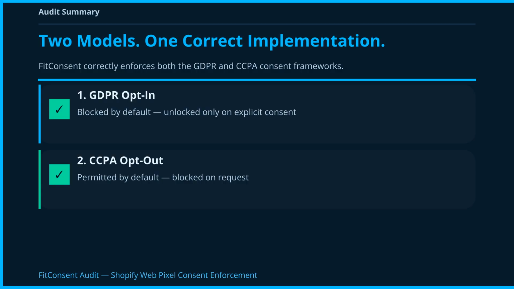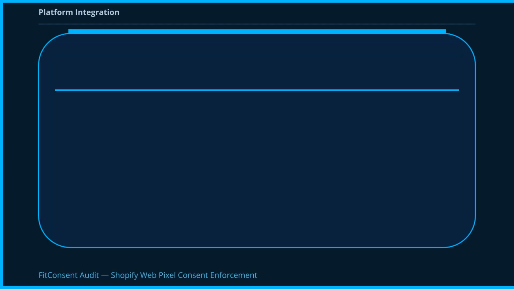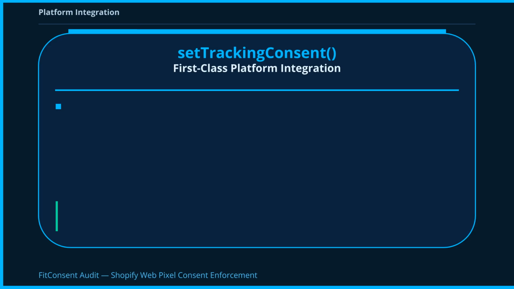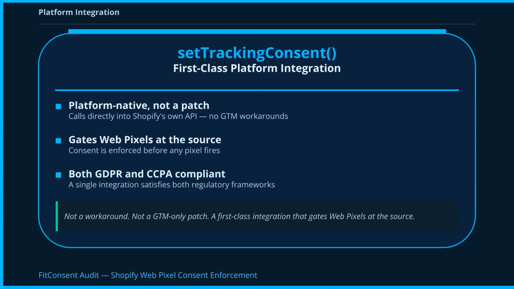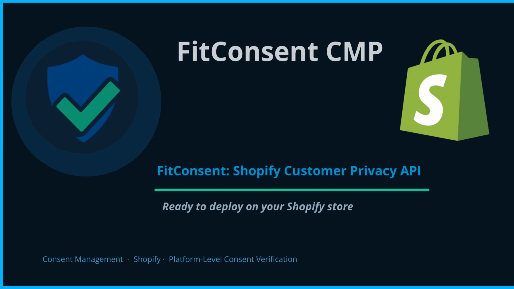Second, that it correctly enforces the CCPA opt-out model, honoring data sale opt-outs the moment a visitor requests them. In both cases, the mechanism is the same, a direct setTrackingConsent call into Shopify's own platform API. Not a workaround, not a GTM-only patch, but a first-class integration that gates web pixels at the source. FitConsent is ready to deploy on your Shopify store.